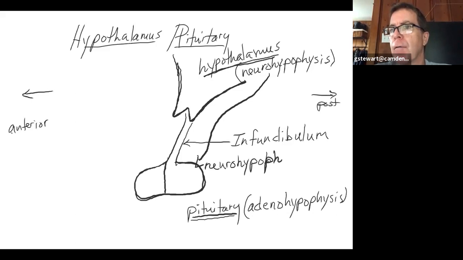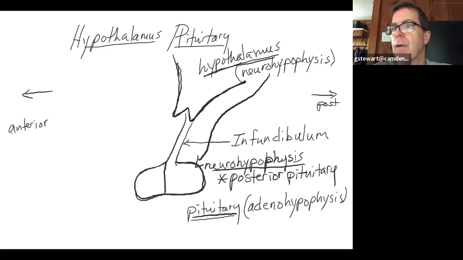And this neurohypophysis is the same tissue as the hypothalamus, so we call this the neurohypophysis. Sorry. Down here, posterior pituitary. We usually just use these terms adeno and neurohypophysis when we talk about the pituitary. The reason I wrote this up here is because guess what? They are all the same tissue.